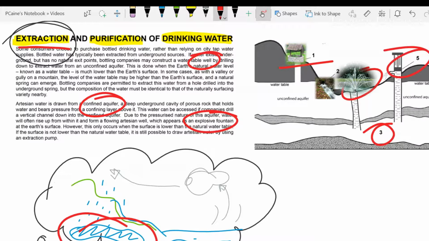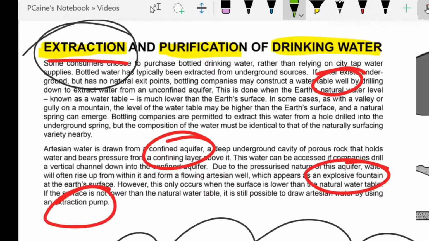Number 5, I'm looking for a pump, and so it's really only number 2 which I'm looking for. I need to look somewhere between these two, because question 1 is here, 3 is here, 4 is here, and 5 is here. Number 2 must be in between here somewhere, our natural spring.